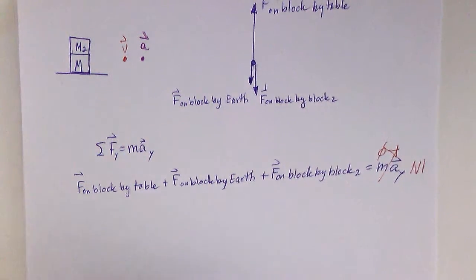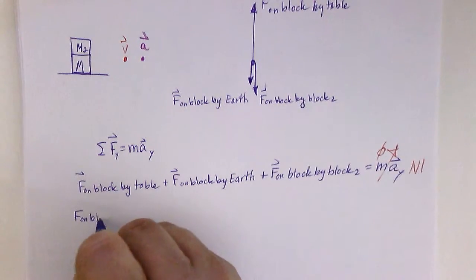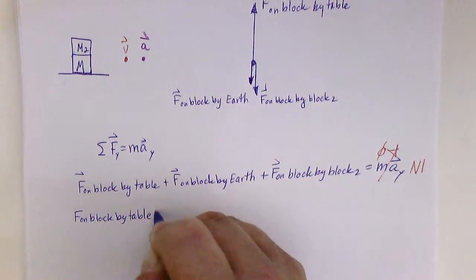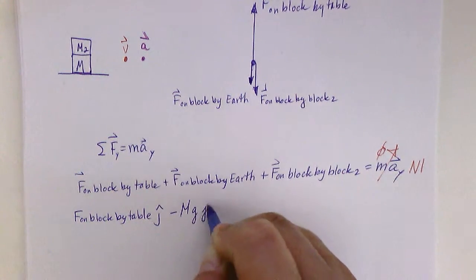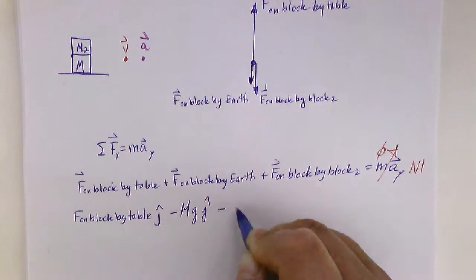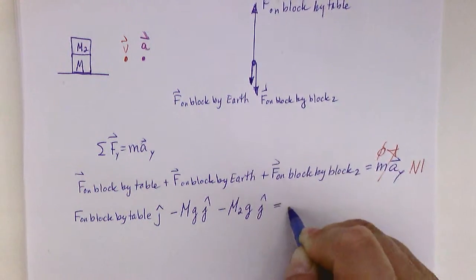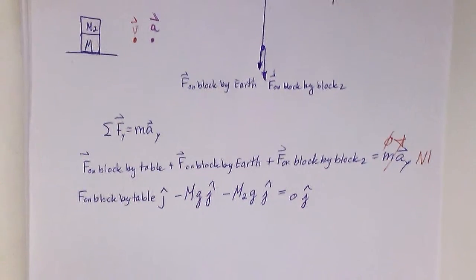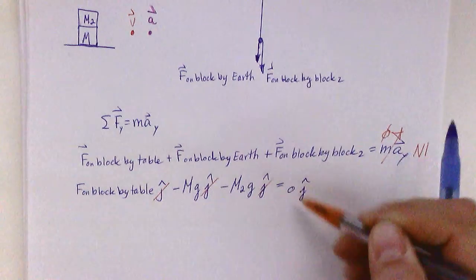Okay, so now I'm going to substitute in magnitude and direction. So I have force on block by table, j hat, minus capital M g j hat, minus capital M2 g j hat, and that's equal to 0 j hat. Okay, I'm going to divide both sides by j hat.